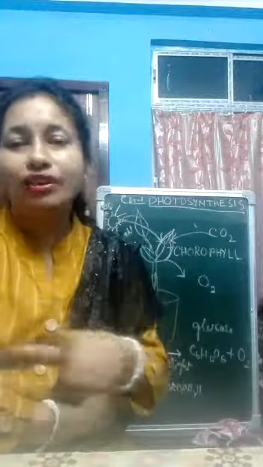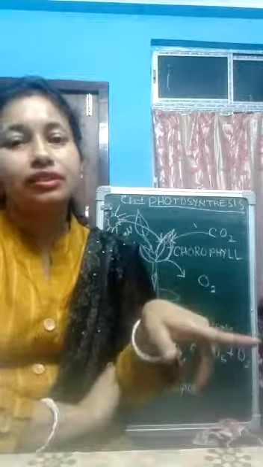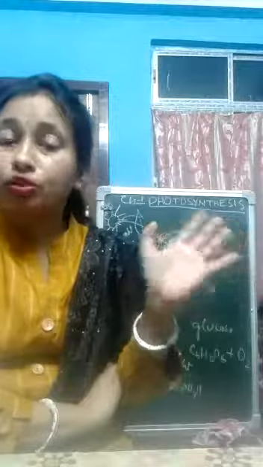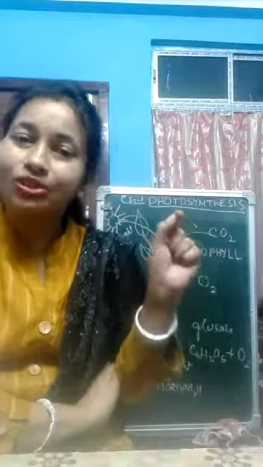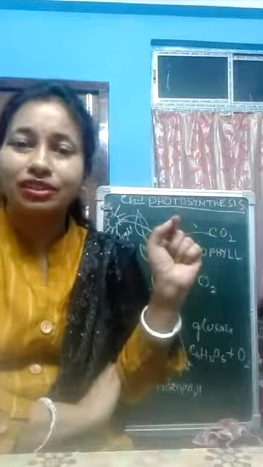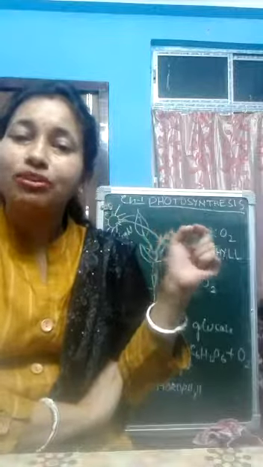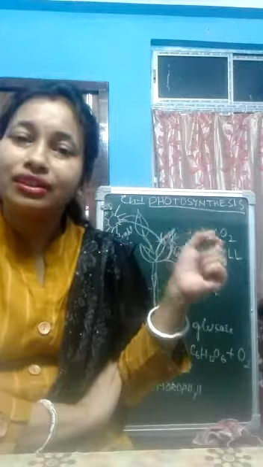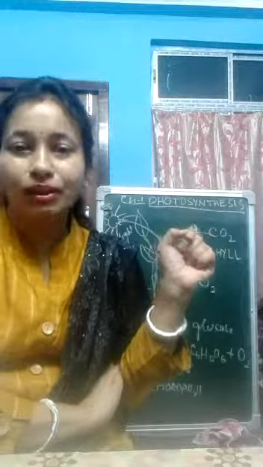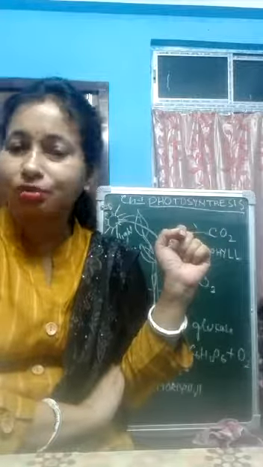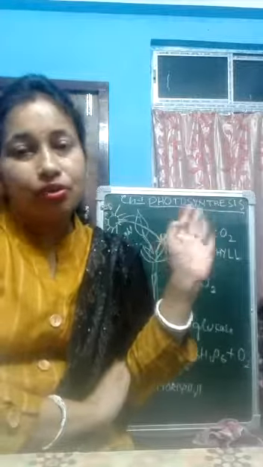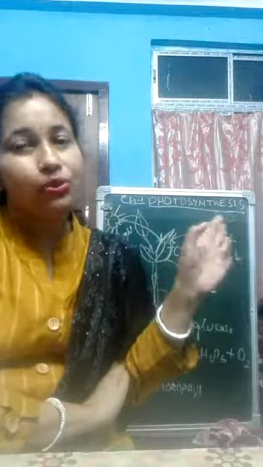All other organisms take food from others. So plants are autotrophs and their nutrition is called autotrophic nutrition. Why? Because plants can prepare their own food by using simple substances from their surroundings. And that process is called photosynthesis.